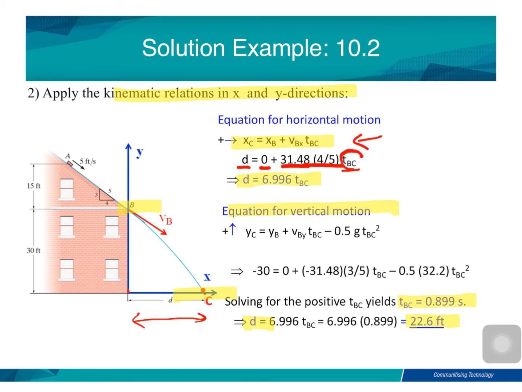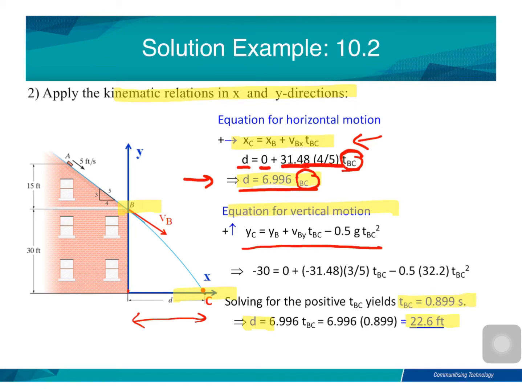So how to calculate this time? Okay, so this is the equation first. We cannot solve D yet until we substitute the TBC. So now TBC can be solved by using this equation, the vertical motion. This one is horizontal, right? So this is the vertical. So the vertical YC is equal to YB plus VBY TBC minus 0.5 g TBC squared.